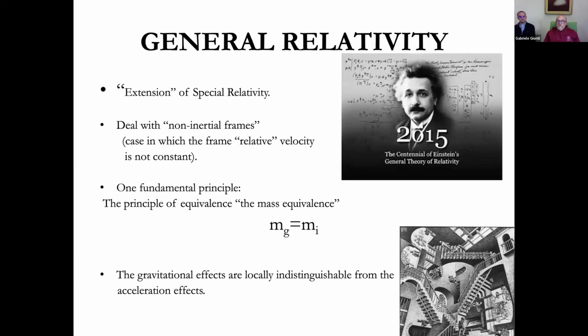In 2015, we celebrated the 100 years of Einstein's General Relativity. And you see also a famous drawing by the painter Escher, who tried to give a representation of what general relativity really is.